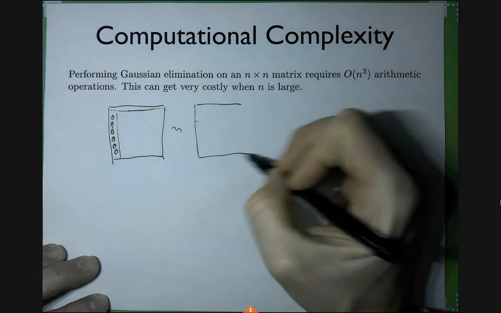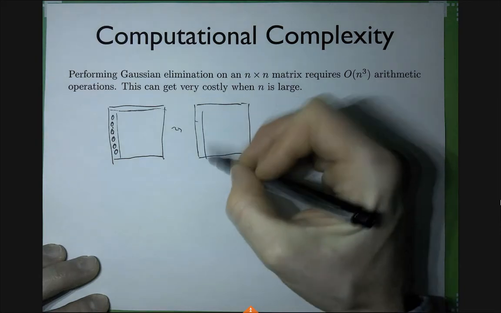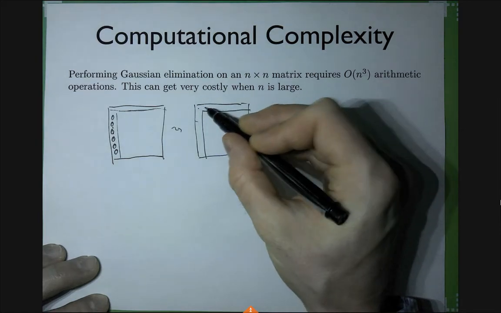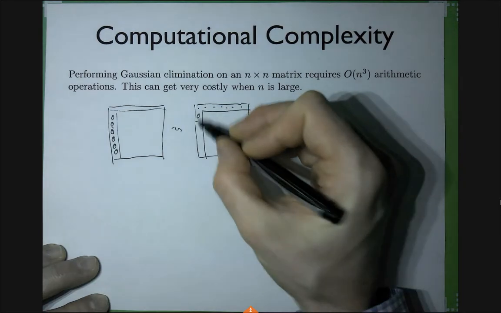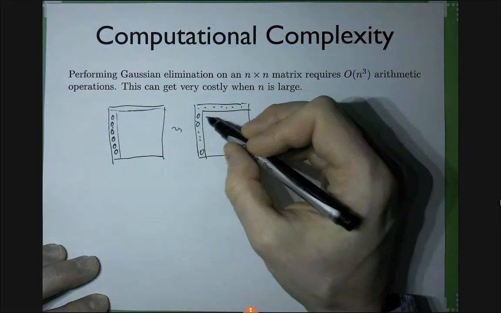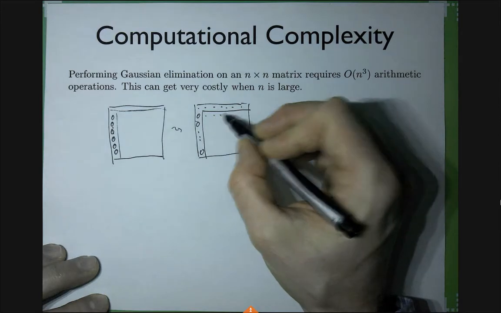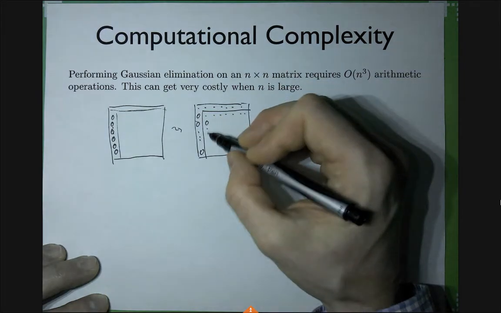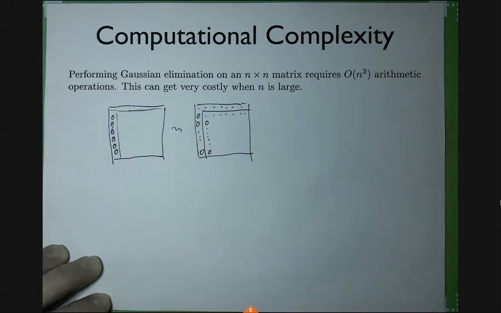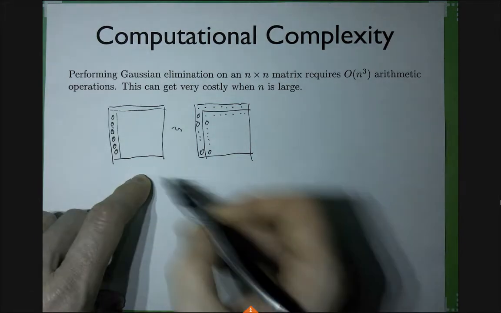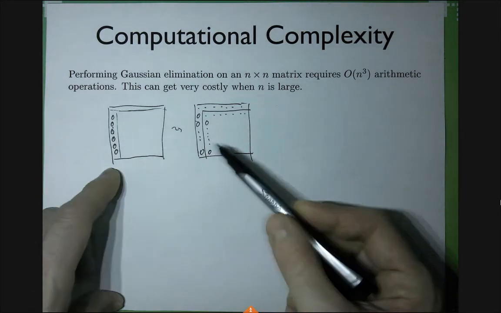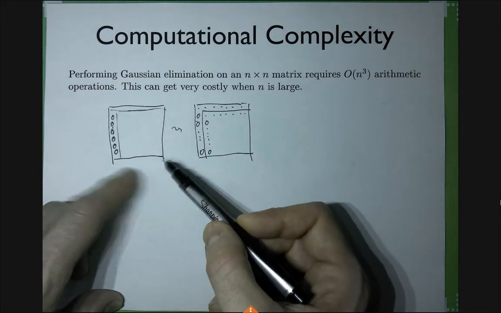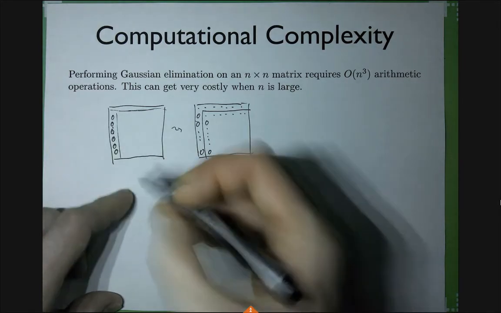Or you could say that this part has been already dealt with. There are zeros here. And I use whatever remained from the second row to eliminate this piece here, right? So what this means, if this matrix is an n by n matrix, each of these operations takes O(n²), right?